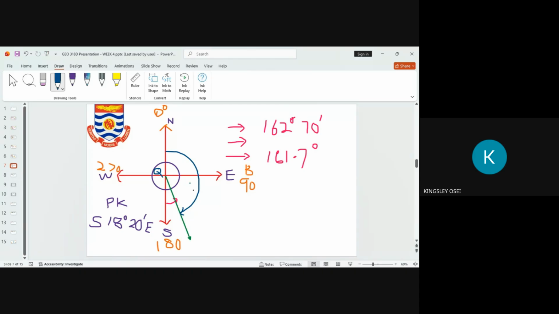So let me call this big one alpha. What it means is that 18 degrees 20 minutes plus alpha should be equal to 180.